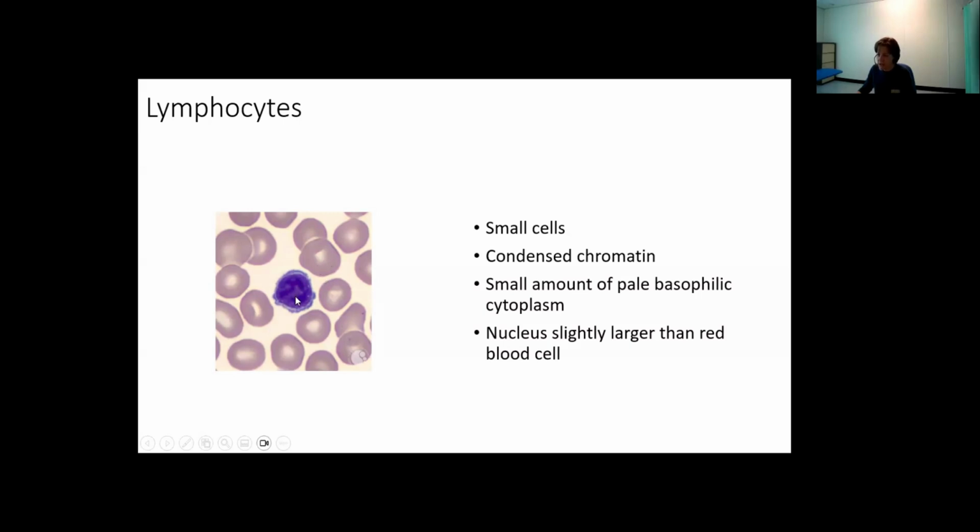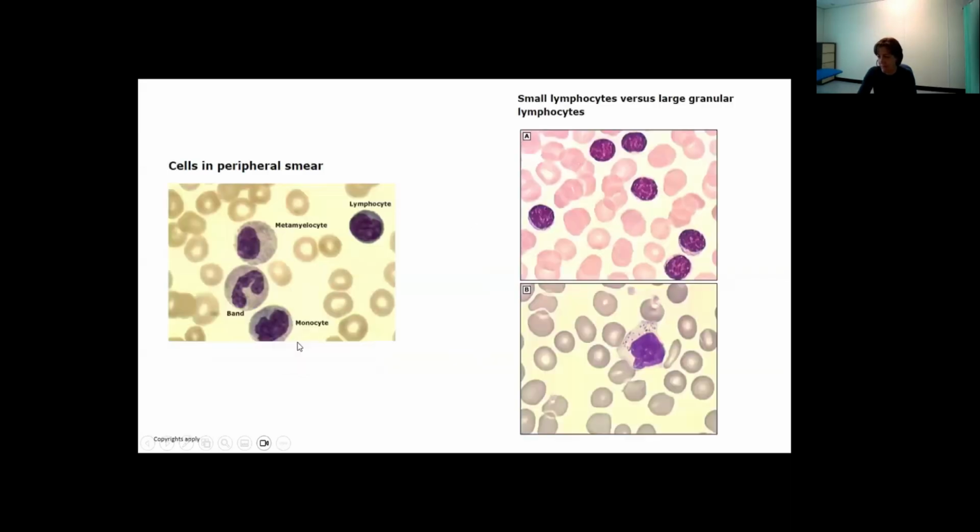So they are small cells, normal condensed. The chromatin within the nucleus is clumped, it's condensed. So you get areas which are darker. It is not fine. And usually there's a small amount of pale basophilic or blue cytoplasm around the rim. And as I said, the nucleus is just very slightly larger than a normal red cell.